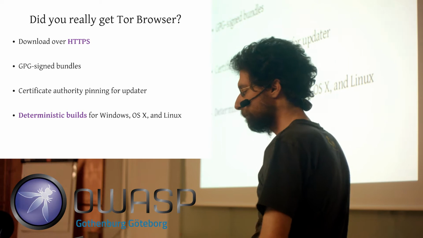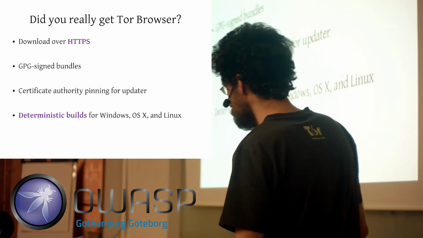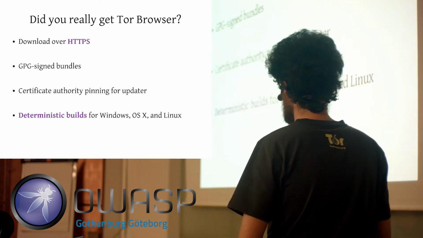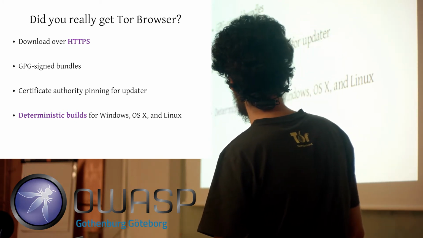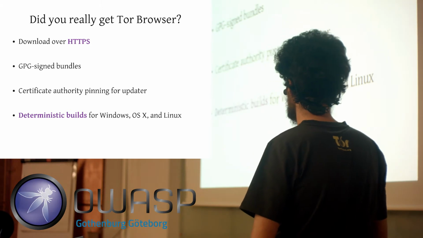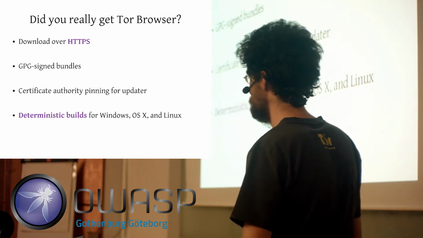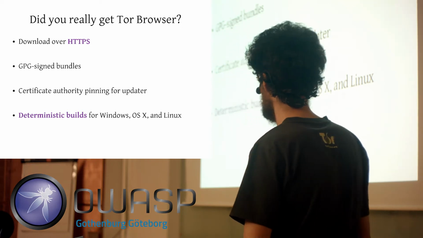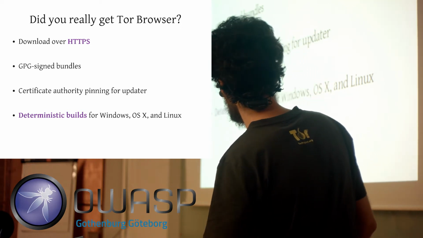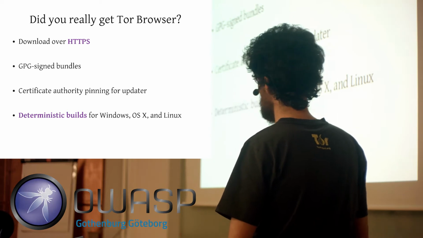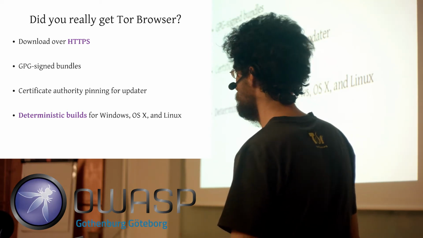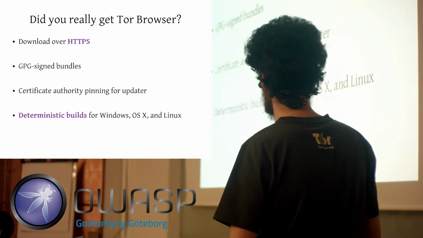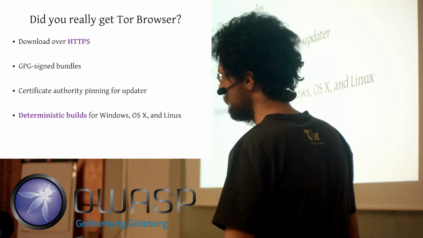But even then, maybe you're more adventurous and say, well, I don't care about these HTTPS things. I just download the source, verify the tags, and build everything myself on my computer. Well, you could do this, but you probably won't, because it's quite tricky and complex, and you have the bundles just one download away.